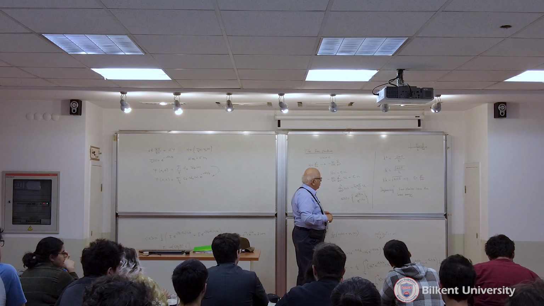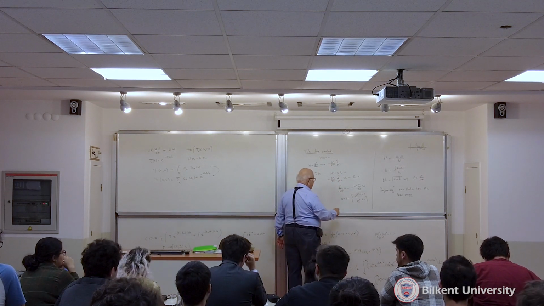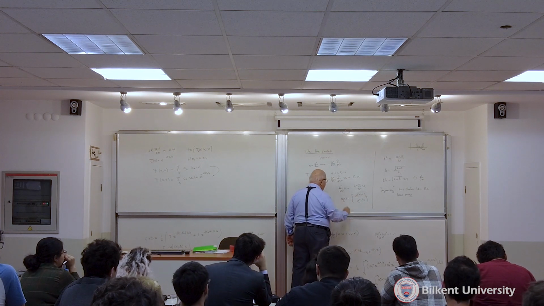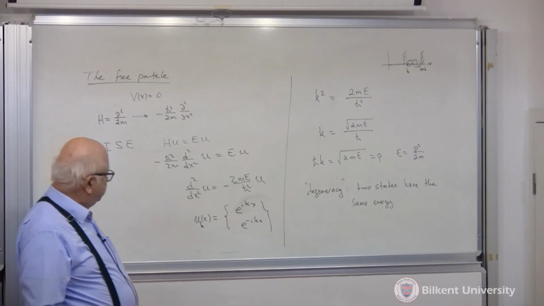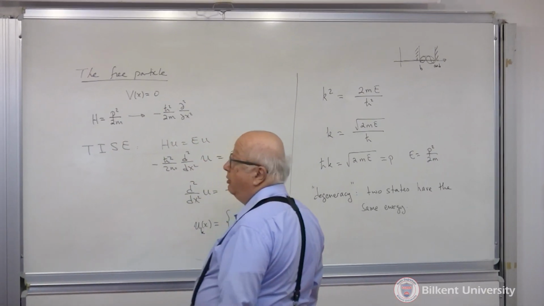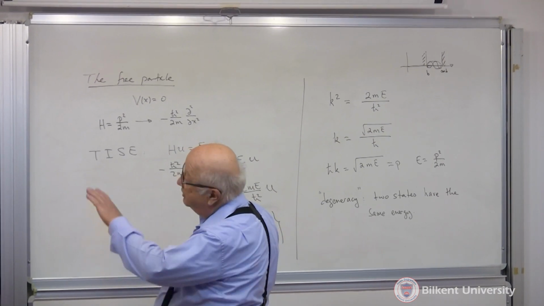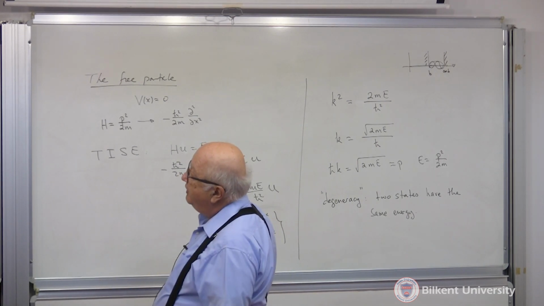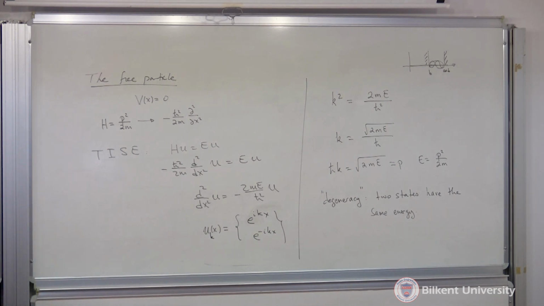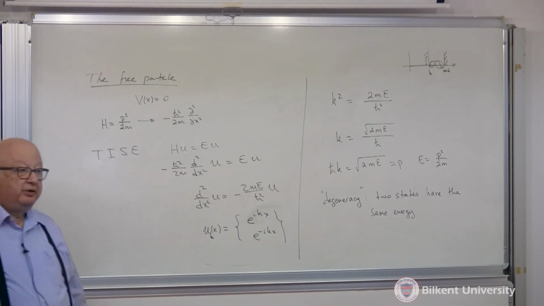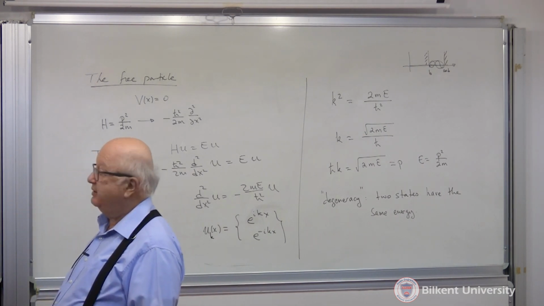So we have these states. What I'm going to do is call these things u sub k of x. Now, going back to our general description, when we had two different objects, we just used the fact that they formed an orthonormal set.